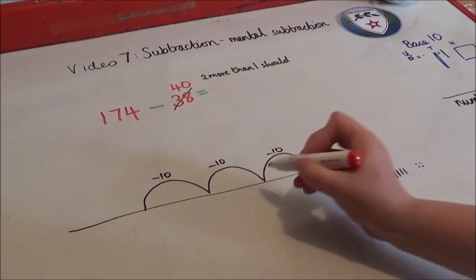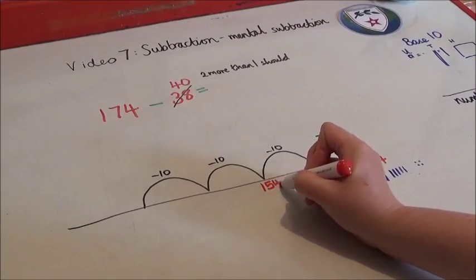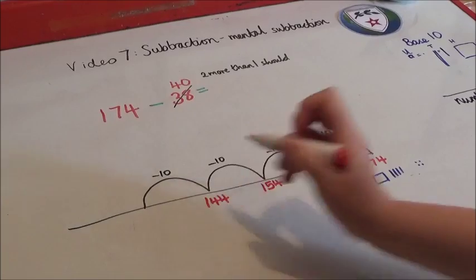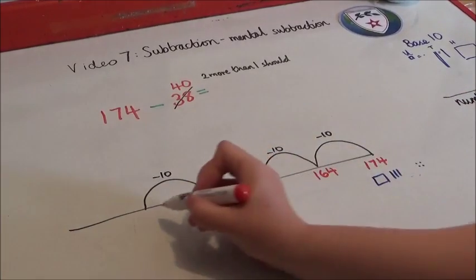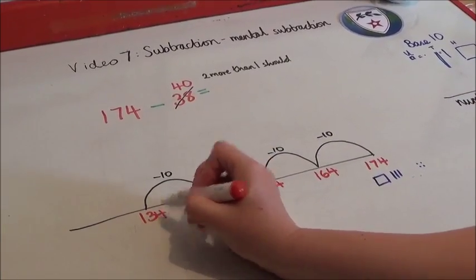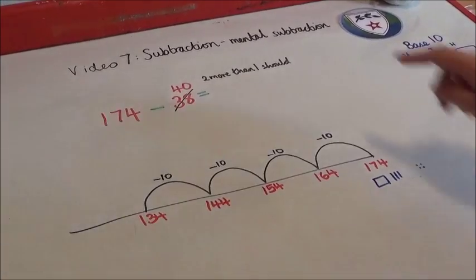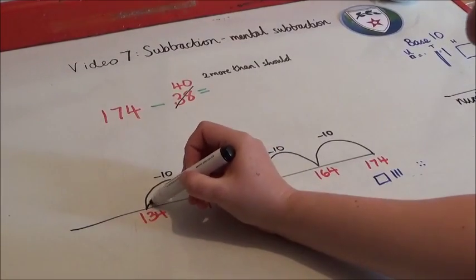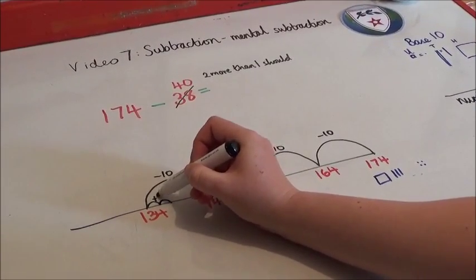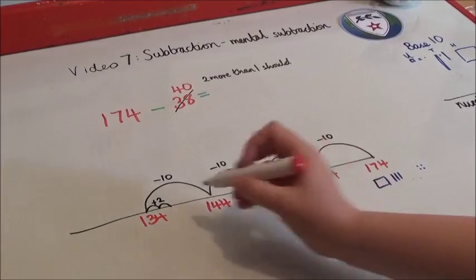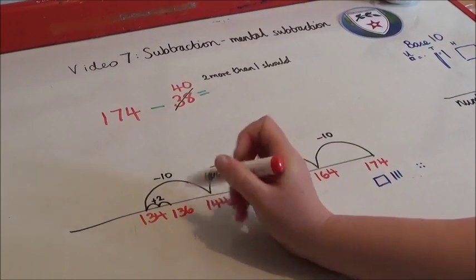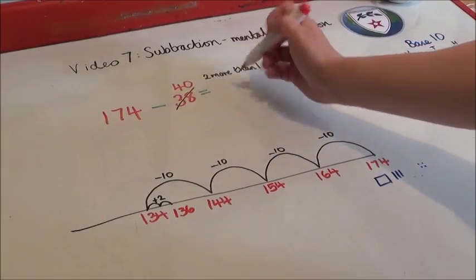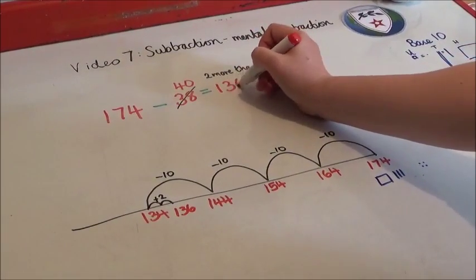Take off another 10, 154, take off another 10, 144, and the last 10, 134. Now remember that I took off 2 more than I should have. So I'm going to have to now add on those 2, giving me the answer 136. So 174 take away 38 is the same as 136.